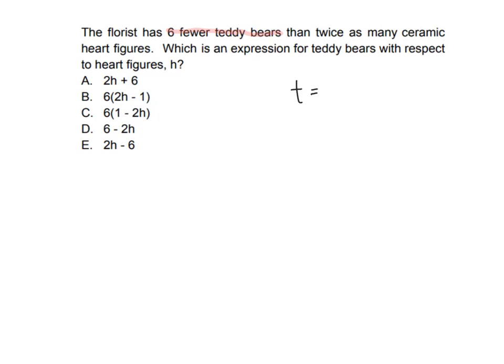Okay, 6 fewer sounds like subtract. Fewer than would be the subtraction. We want to put the subtraction on the end. It says twice as many ceramic heart figures, and they want us to use H for hearts. So twice as many ceramic heart figures. So 2H. So that would be E.